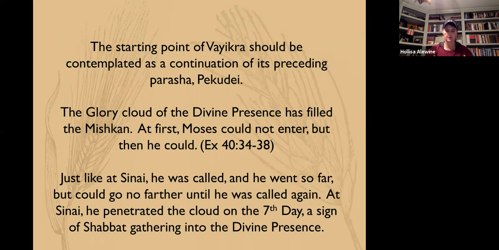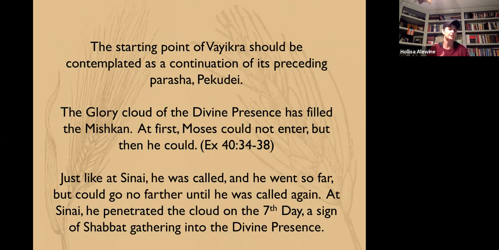Just like with the Mishkan in Shemot, the glory falls and it's just too dense at first for him to penetrate. If we back up, we can see the same thing happened at Mount Sinai. We know that Moses is called, but then he has to stop for 6 days.